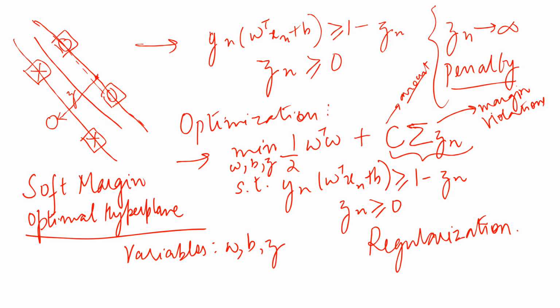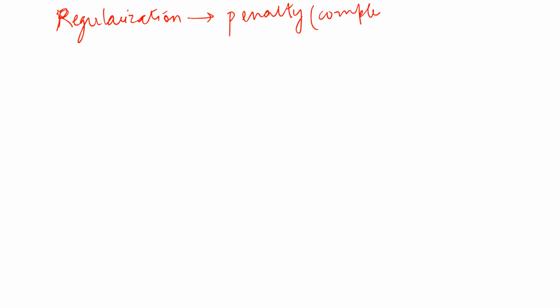In regularization, the penalty was the complexity of the model itself. In this case, we have this term, this penetration itself, so it's the size of the margin, essentially.